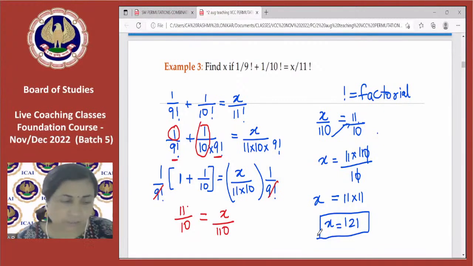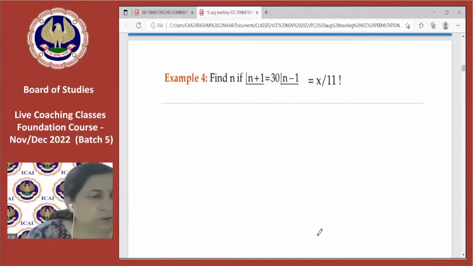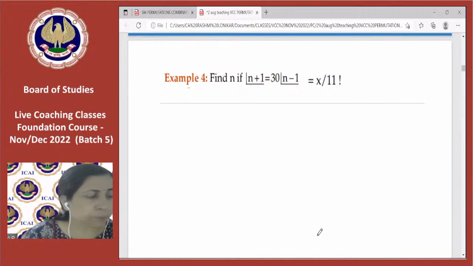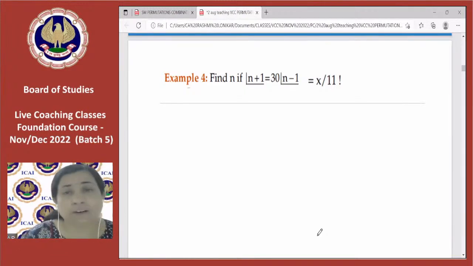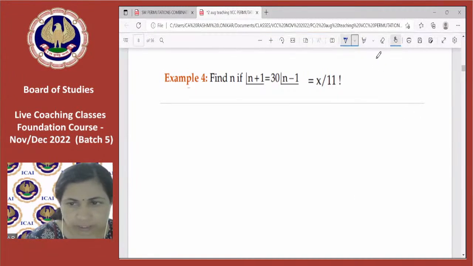Okay, now let us go to the next one. We will now take a step further and we will say find n if, this is also a method of writing factorial. You can write factorial like this also, and you can write it like this also.